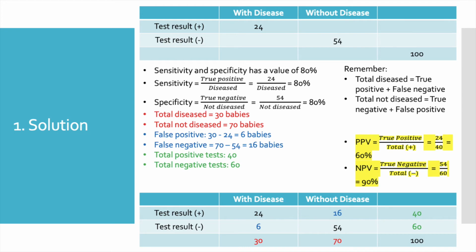We can also add 6 and 54 together, 6 representing the false positive and 54 representing the true negative, and by combining them we get 60, which represents the total number of babies who tested negative. Okay? And now that we have those values, we can calculate the PPV and NPV, which is highlighted in yellow.